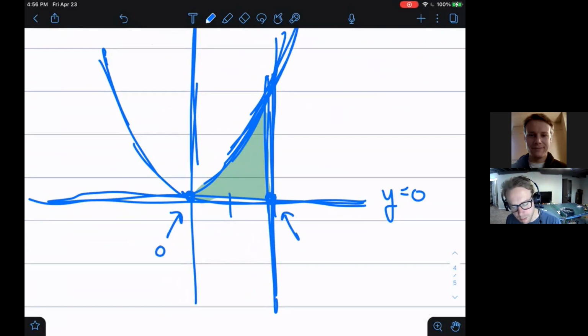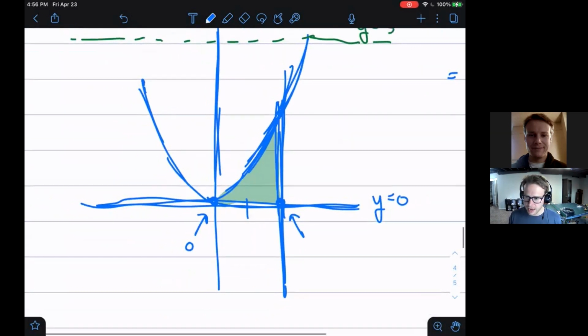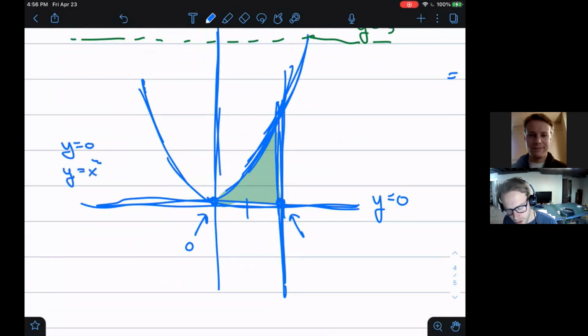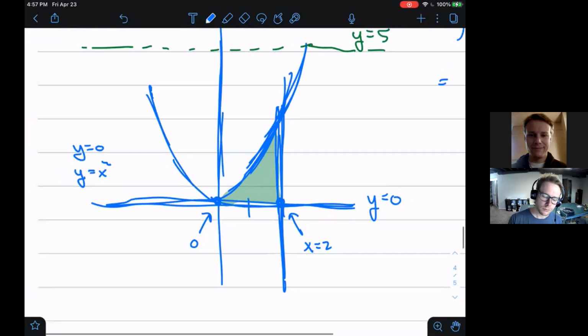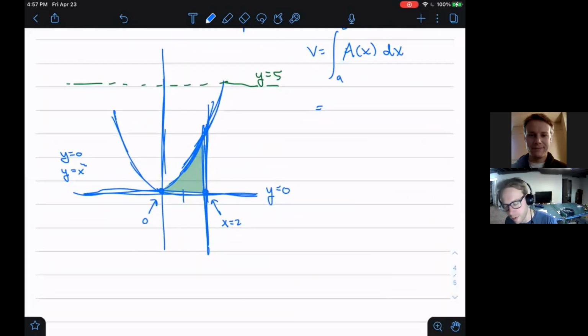And notice that you get this point, if I was thinking about the algebra side of things, where y equals 0 intersects y equals x squared. If you set those equal and solve, you would get x equals 0. And then this one right here is just given by x equals 2, the straight up and down line here. So that's how you would get those from our given equations, 0 to 2.